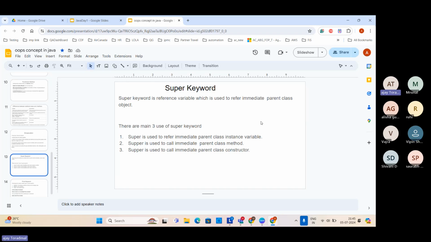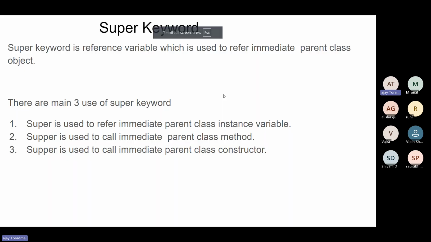Now the next topic that we have is the super keyword. This is a very important topic, and at the time of interview, the interviewer can ask what is meant by the super keyword and what the uses of the super keyword are. First of all, you have to prepare a one-liner definition of super.